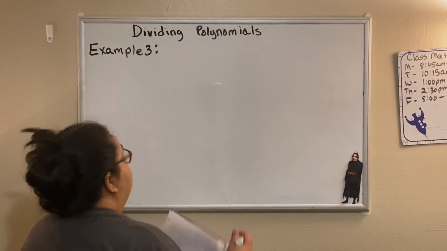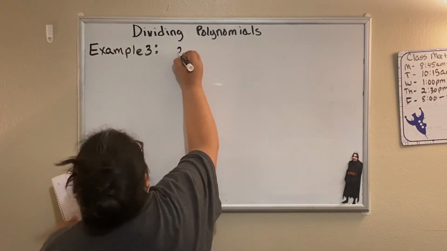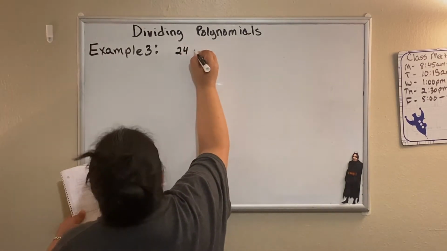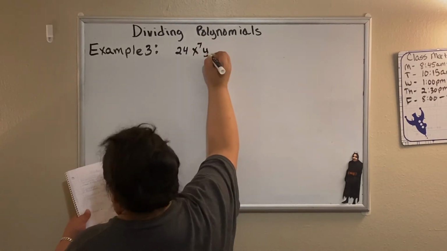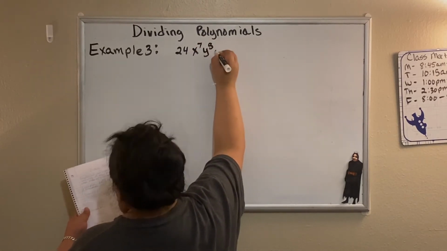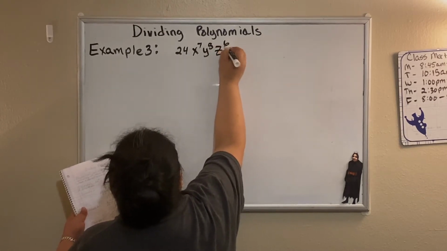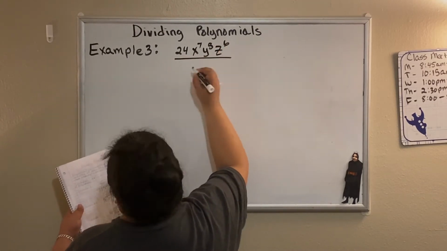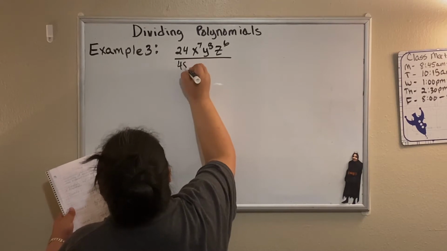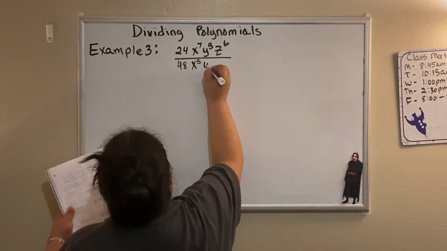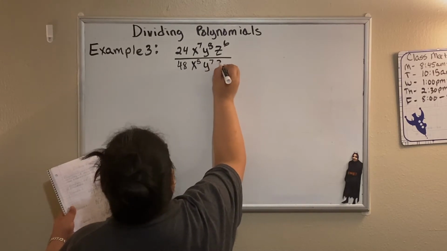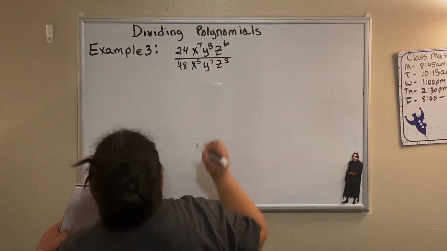So let's say I have 24 x to the 7th power, y to the 5th, z to the 6th, and we're going to divide that by 48, x to the power of 5, y to the power of 7, and z to the power of 3.